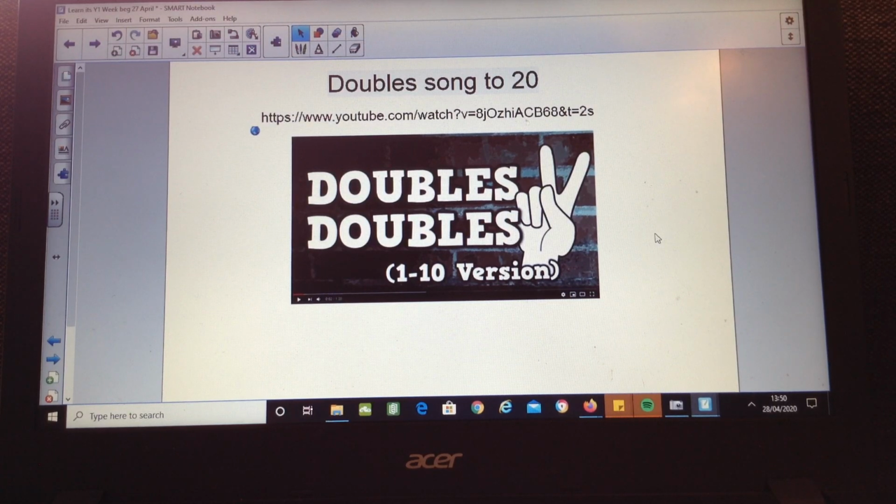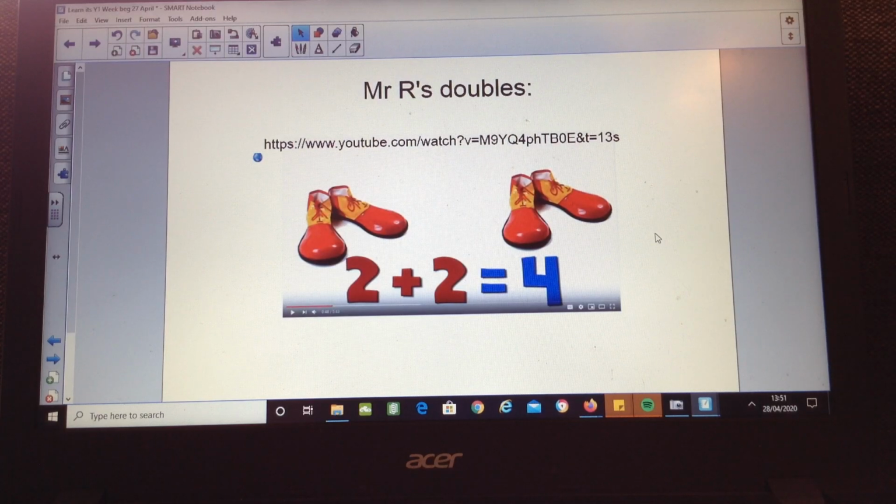It helps you learn. So you could go onto that one on YouTube, or you could try Mr R's doubles. The reason why I like this version of a double song is because it's very visual. That means there's lots of pictures there so that you can really see what's happening to those doubles. So do one of those, maybe a different one each day, and then come back to me when you're all warmed up with your doubles. Okay?